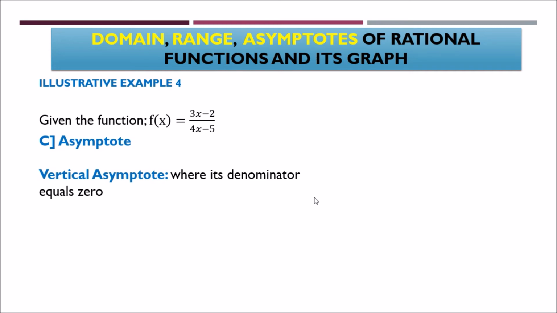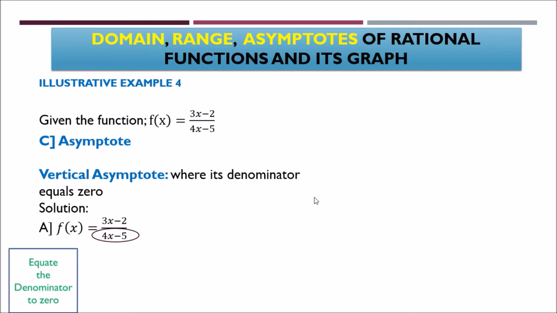So the vertical asymptote is where its denominator equals 0. This is just the same as our domain, because we are going to find the zero of the denominator. So again, we take the denominator and equate that quantity to 0. That gives us 4x minus 5 equals 0.